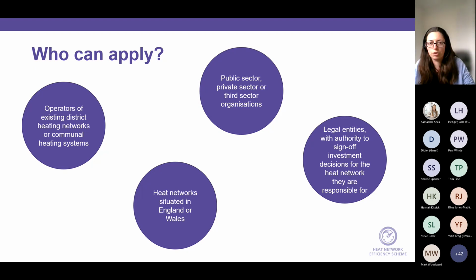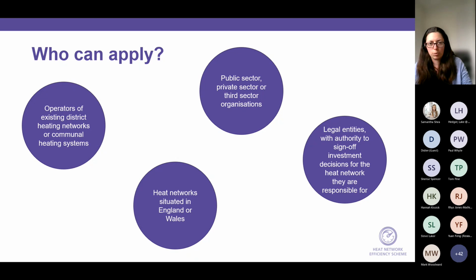So it's really important that it's the heat network operator, the legal entity who has authority to sign off on the investment, that is the named applicant on the application form. Heat networks can be situated in England or Wales. So this is a change from GHNF, where that's just for heat networks in England.